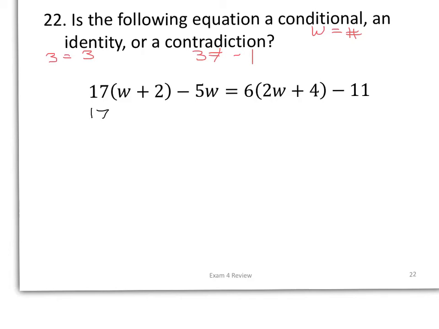We distribute the 17 and we distribute the 6. Then we combine like terms.